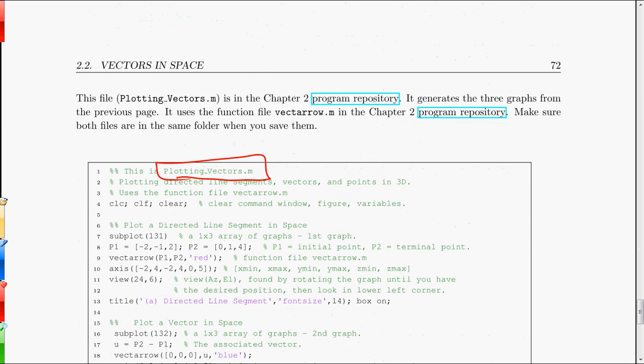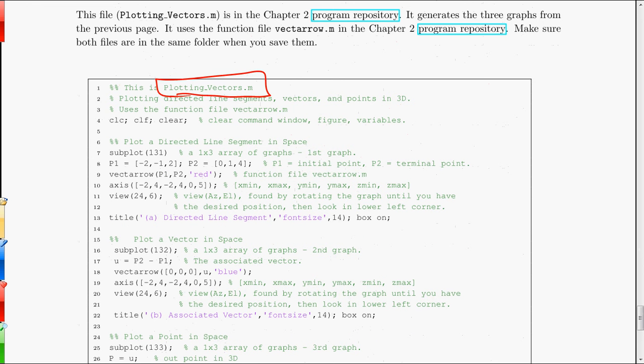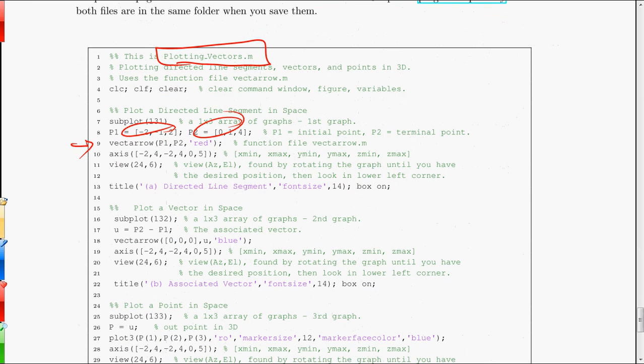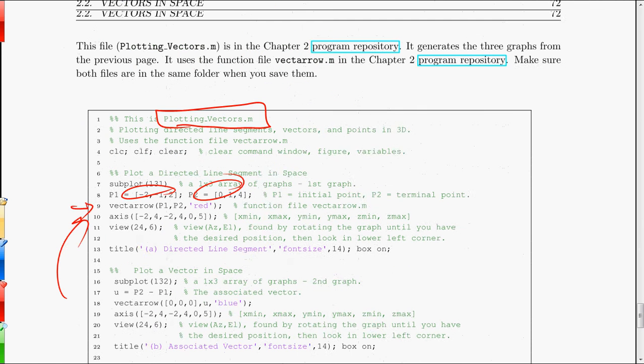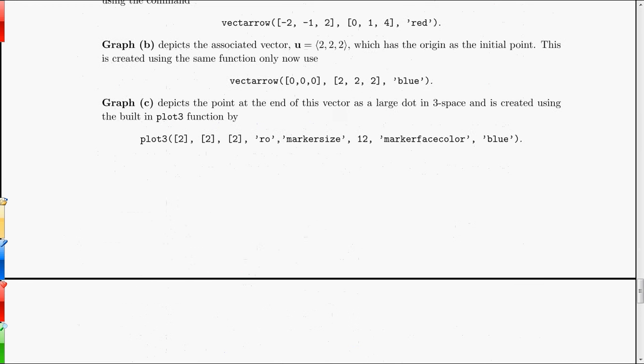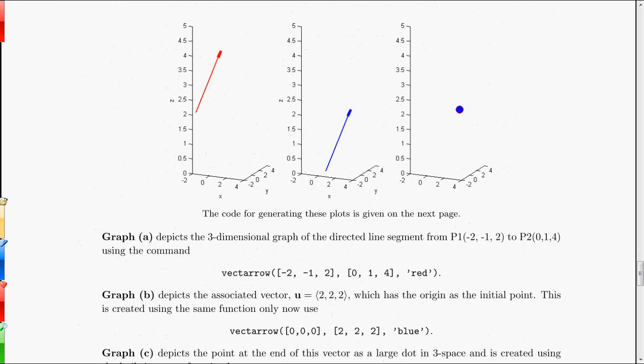What it does first is plot an arrow from this point to this point. Then it plots a vector that represents that directed line segment, and then it plots the point where that vector terminates. The commands used are up here, along with the graph.